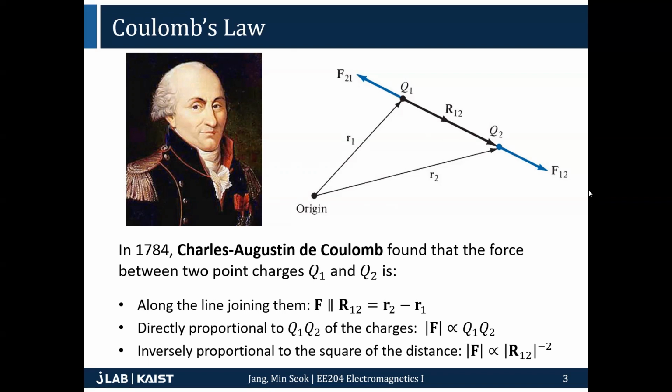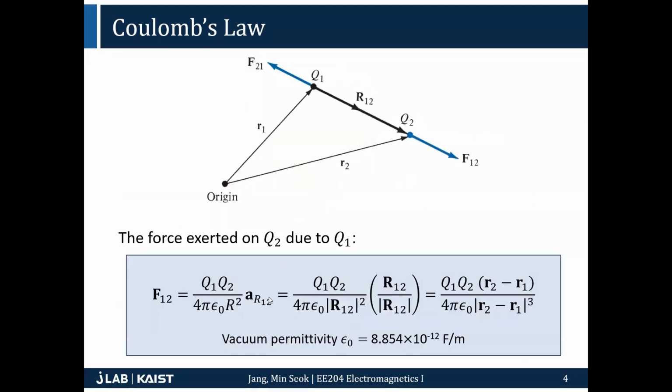The amount of force is proportional to the multiplication of the charges Q1, Q2, and inversely proportional to the square of the distance, 1 over R12 squared. So in sum, this is Coulomb's law: F12 is Q1 Q2 over 4 pi epsilon naught R squared, times a_R12.